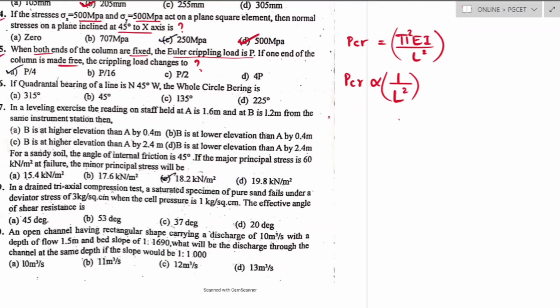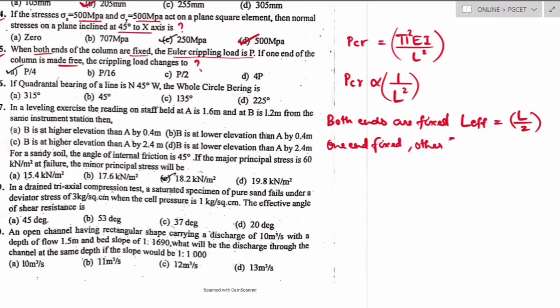When both ends of the column are fixed, effective length of the column is given by L by 2. When one end of the column is fixed and the other is free, effective length of the column is given by 2 times the length of the column.